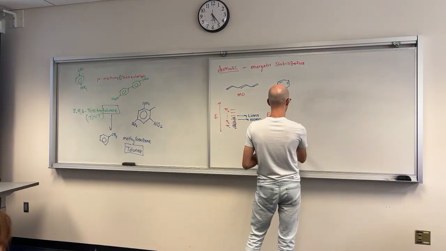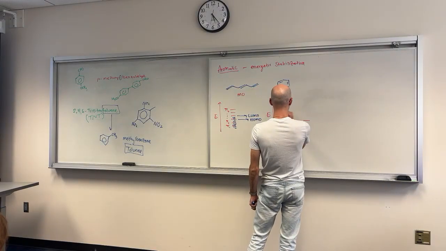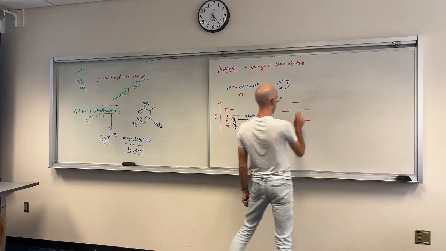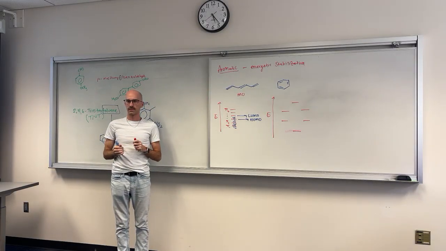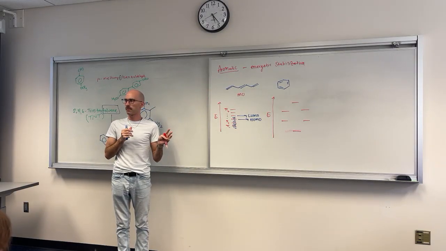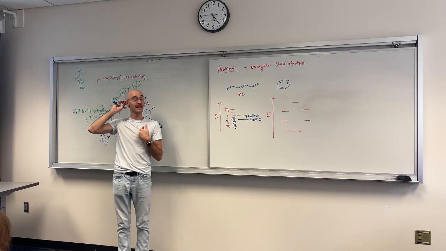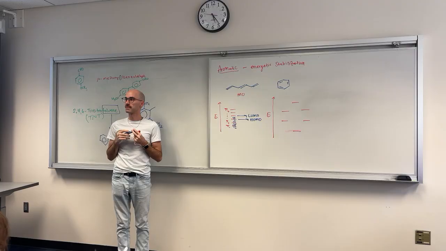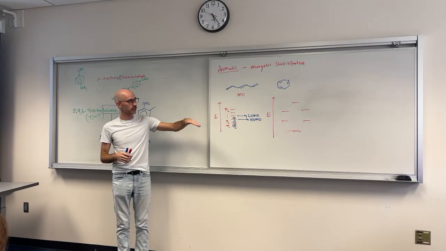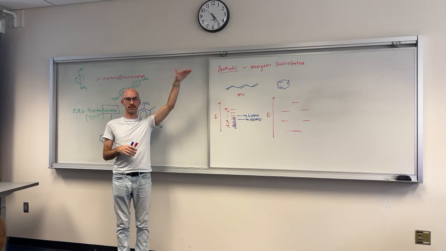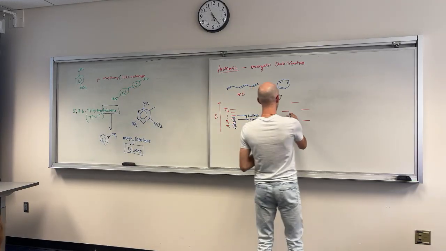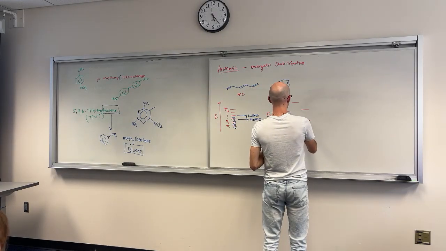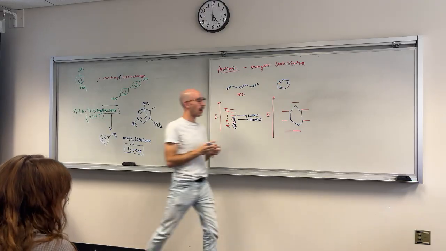Can you notice anything about that shape? It is kind of a circle. It's 1 orbital, 2 orbitals, 2 orbitals, 1 orbital. It is the shape that you make if you draw a benzene on its vertex.